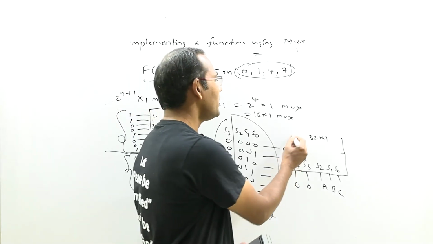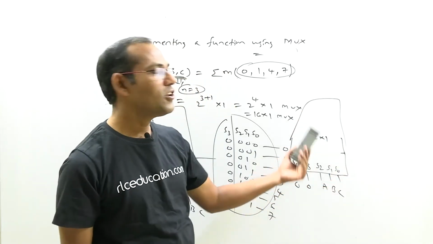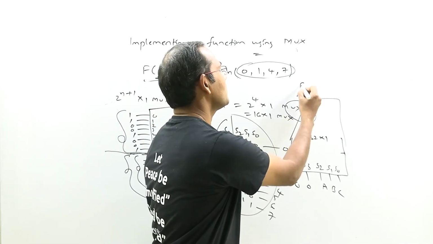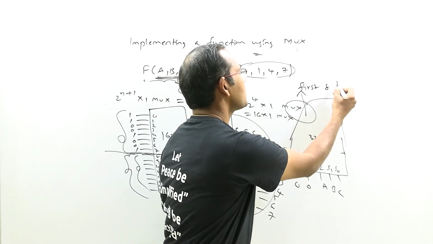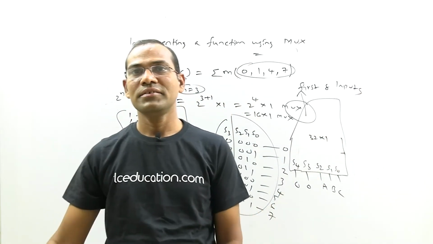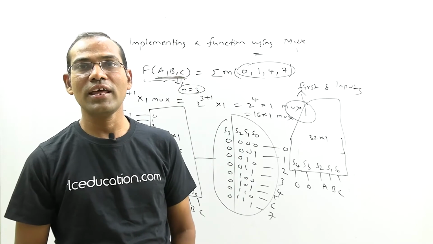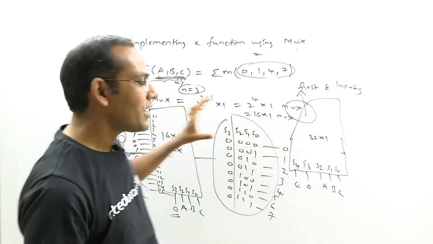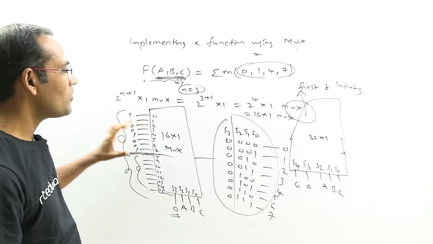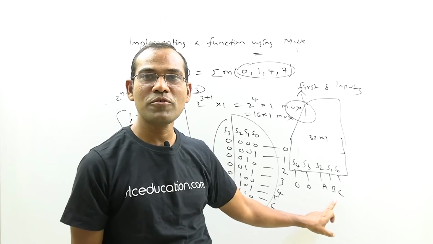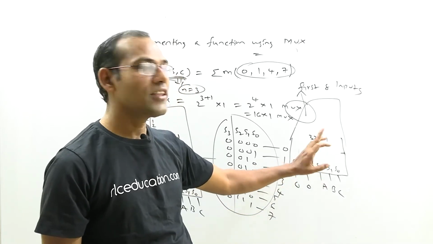And here 32 inputs are there. Only use the first 8 inputs. Don't bother about the remaining input terminals. The first 8 connections must be like this, and the selection must be like this. That's the procedure if you go for a 32x1 mux.